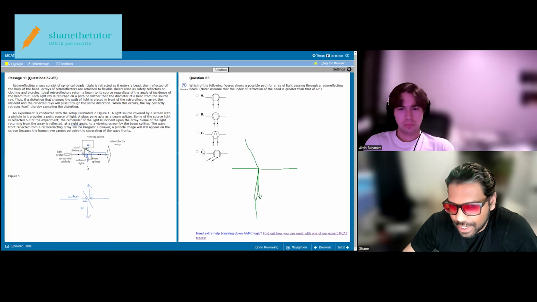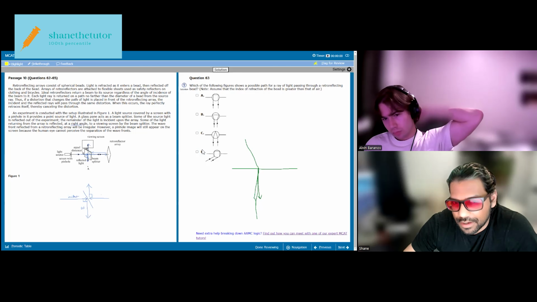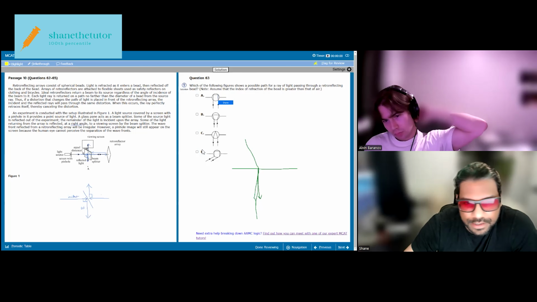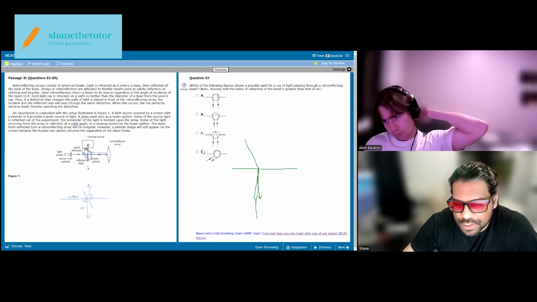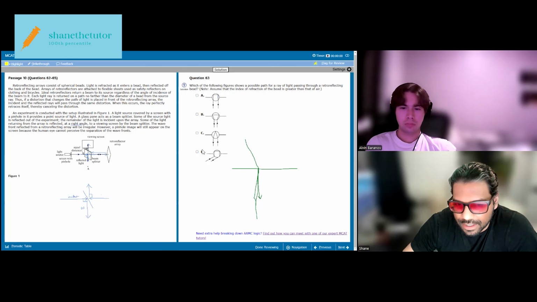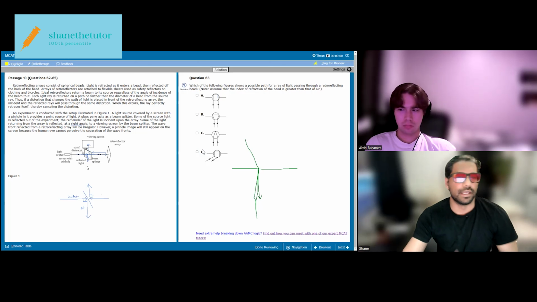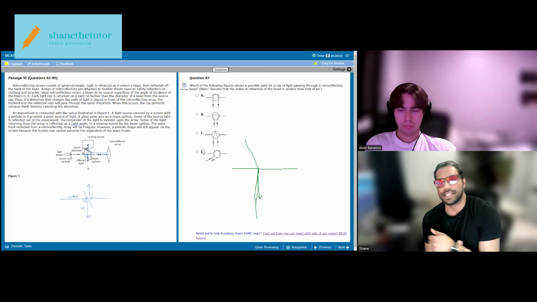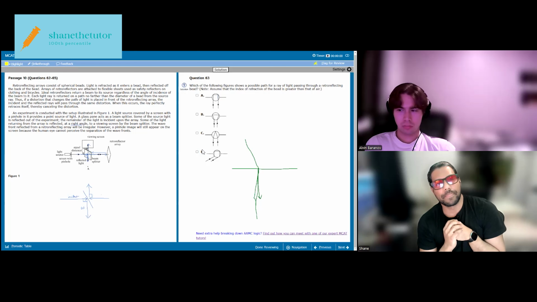B has the light rays diverging. A seems to be neither, and D seems to also be neither, but for some reason, light hitting it and exiting it is at a slanted angle. So yeah, I guess it'll be C.